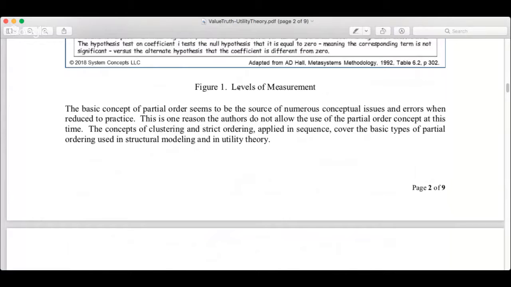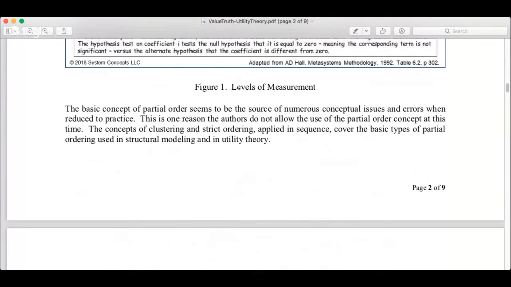There are a number of classical examples that I've said so many times that Barry wants me to just stop saying it. So I will just say in general, there are a lot of different ones out there. And when you make this mistake, the output then becomes nonsense. And so the concepts of clustering and strict ordering applied in sequence cover the basic types of partial ordering used in structural modeling and utility theory.